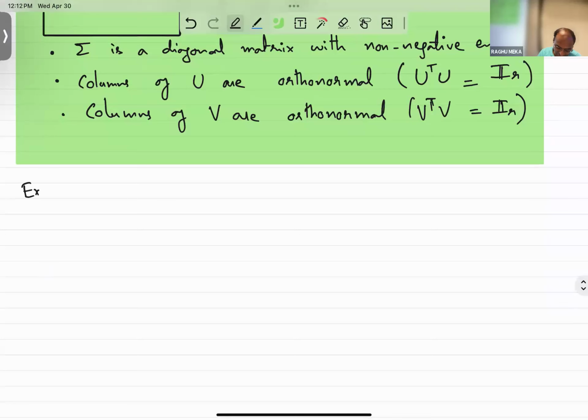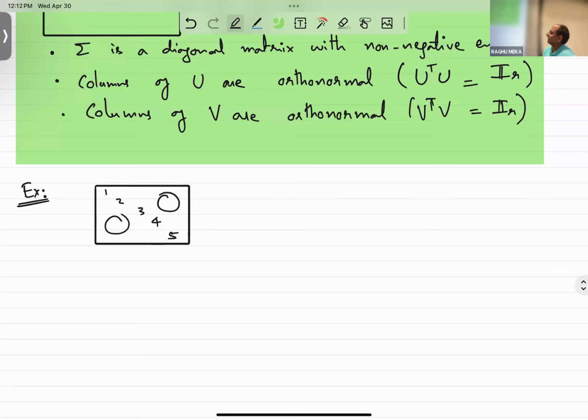And just to take a quick example, let's say my matrix is... I mean, this is a silly matrix, but if I want a singular value decomposition of this matrix, what can I do?